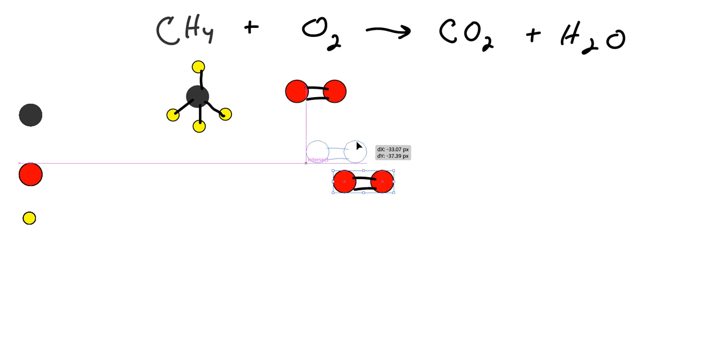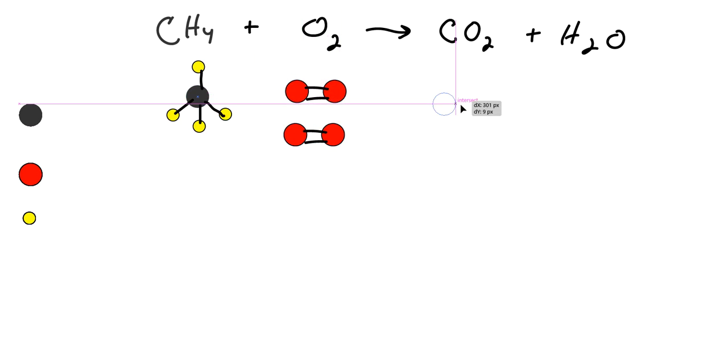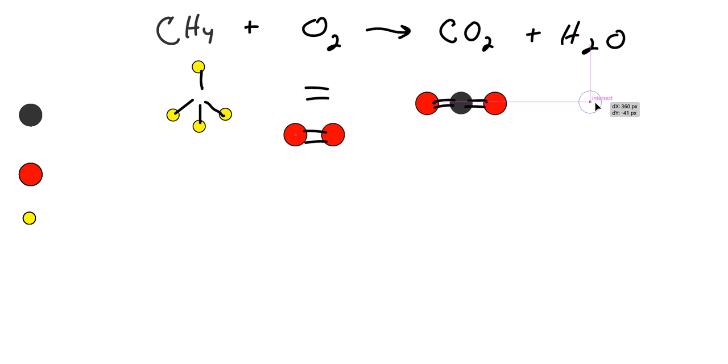We're going to need a second double bonded oxygen. So now if we grab our carbon, we grab our 2 oxygens, we double bond our oxygens to our carbon, so we make our carbon dioxide. And then we've got 2 remaining oxygens, and we've got our hydrogens.